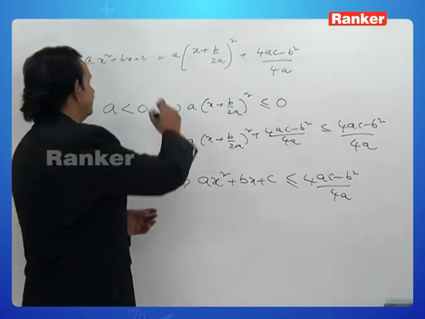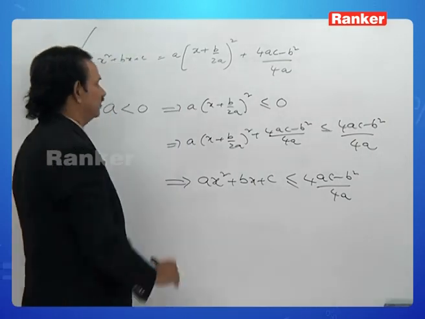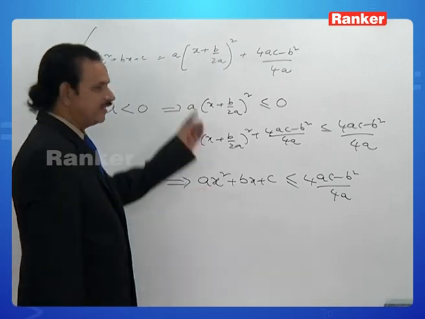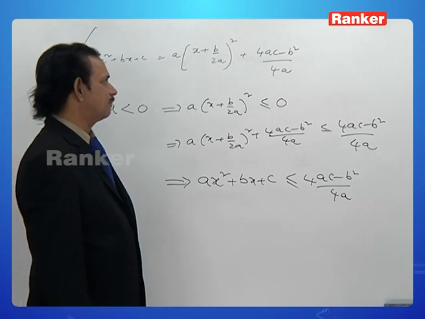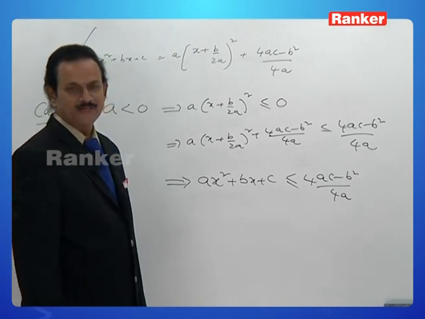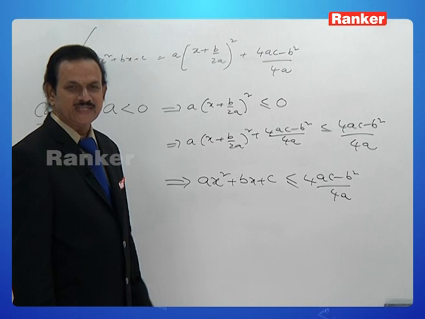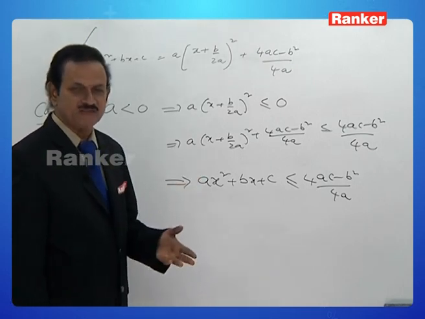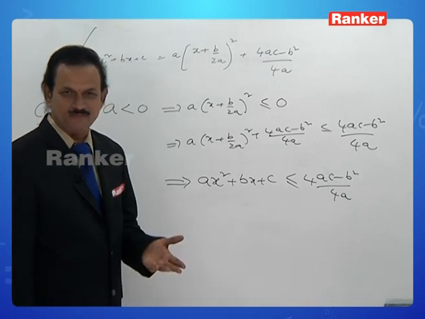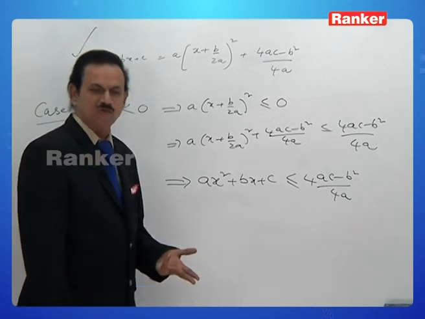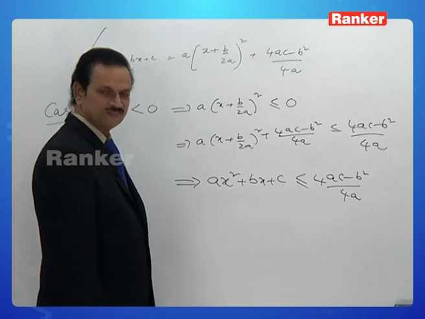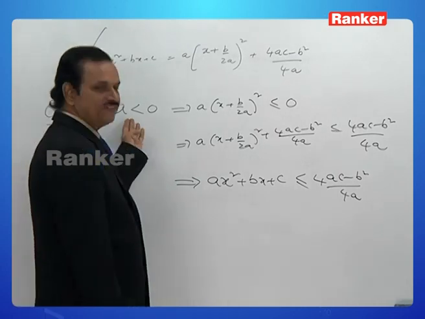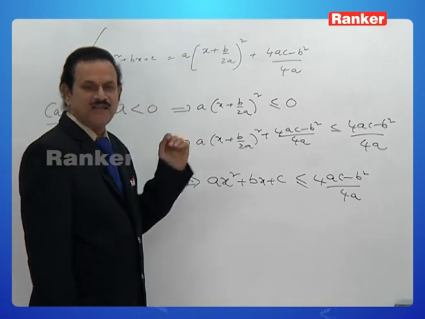Yes, by studying the expression ax square plus bx plus c, of course by writing it as a into (x plus b by 2a) whole square plus (4ac minus b square) by 4a, we are able to decide the boundaries of the expression, that is, when can it attain the maximum, when can it attain the minimum, what is the so-called maximum value or minimum value. Let us have now a conclusion. If a is less than 0, this expression has the maximum value.